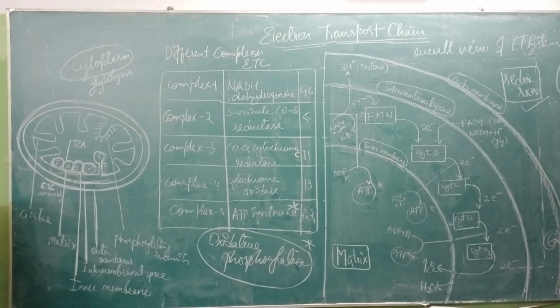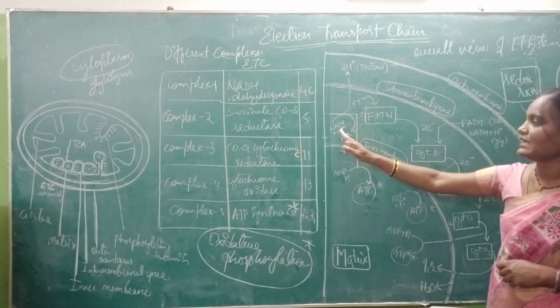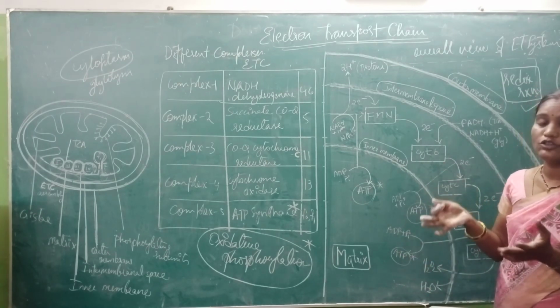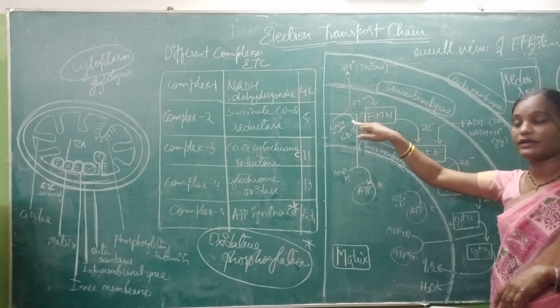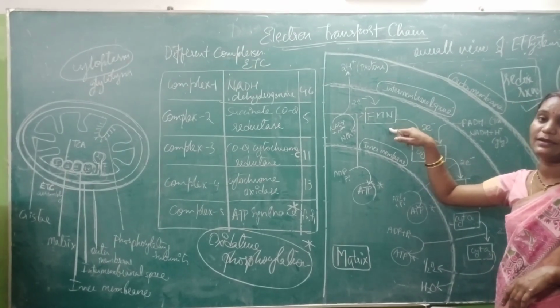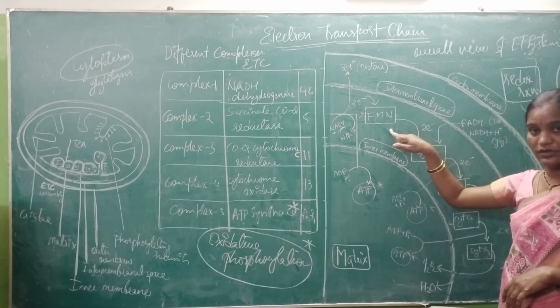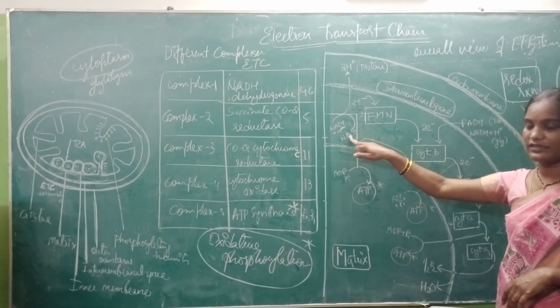Reduction means gain of electrons, accepting electrons. So here is how redox reactions take place. This NADH plus is already in a reduced form. It will give up 2 protons and 2 electrons, and these are taken up by FMN. So this FMN is in reduced form, and this NADH is converted into oxidized form.